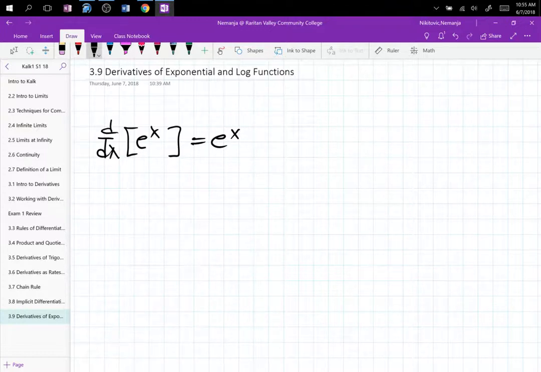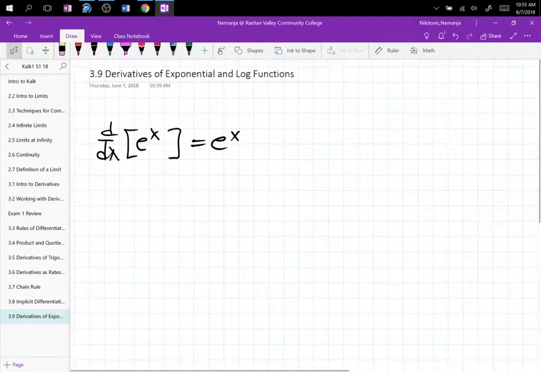We also covered the one that the chain rule deals with, which is, hold on, pen died. I still have the battery in it. That is good.